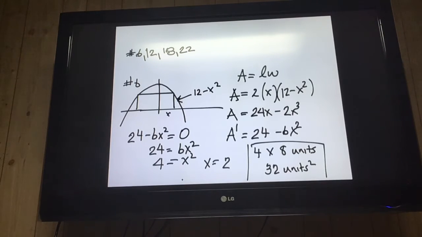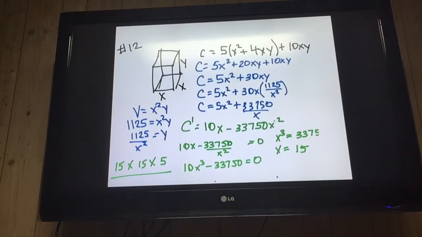All right, number 12. Number 12 is talking about catching rainwater, and they tell you that the volume is 1,125.